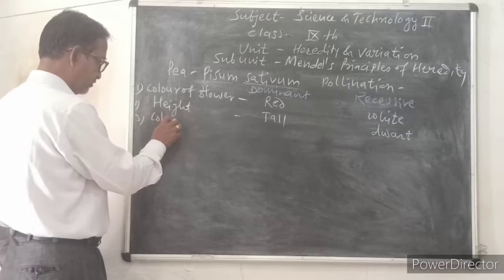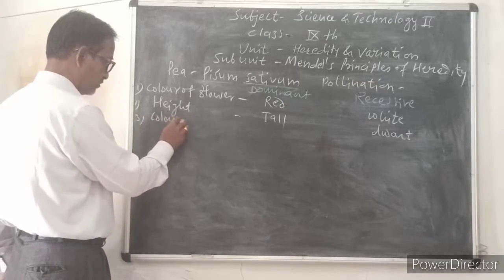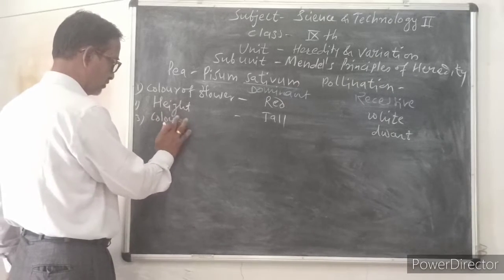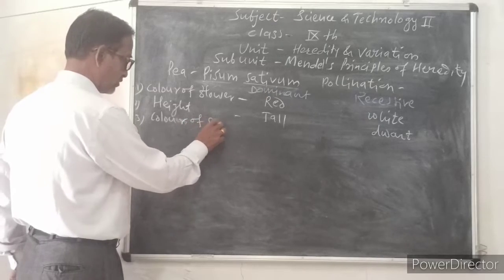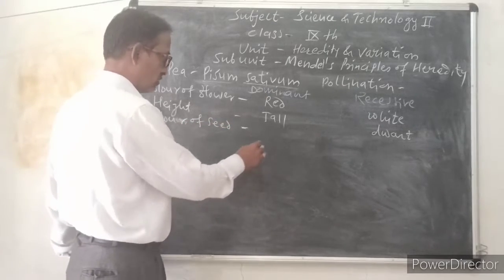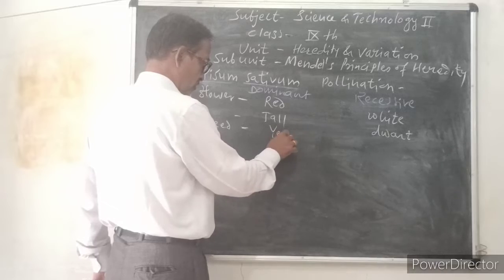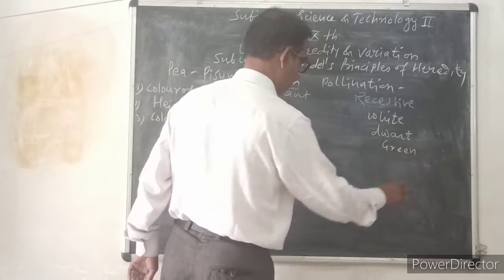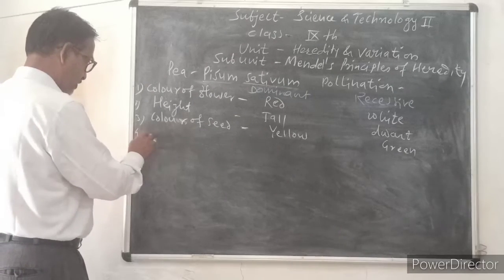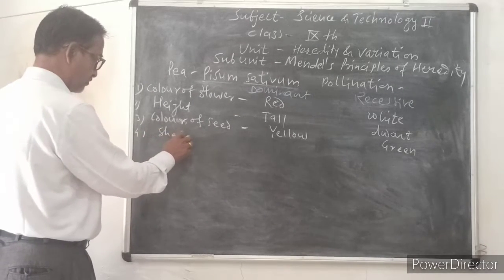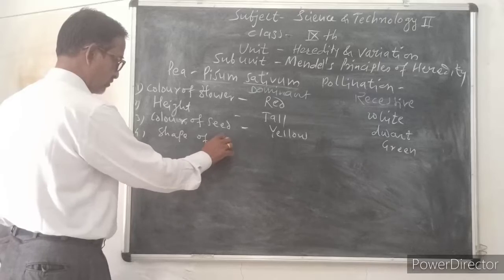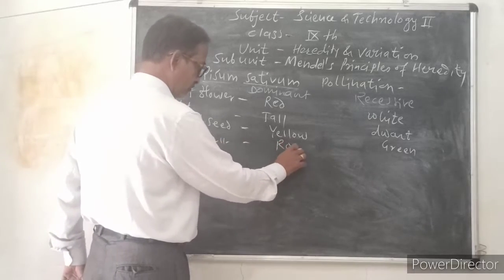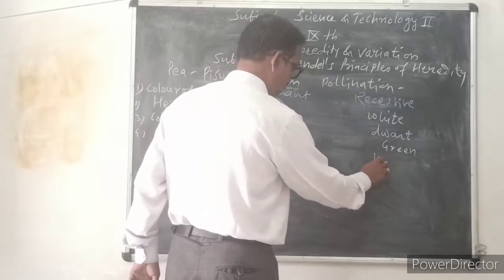Then the third character, color of seed: yellow, green. Then fourth, shape of seed: round and wrinkled.